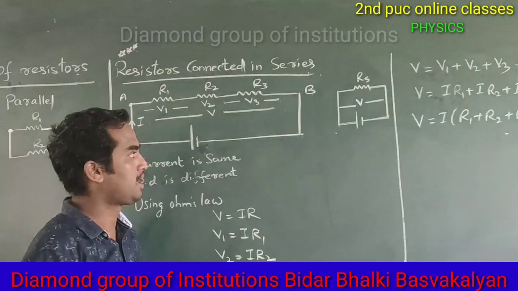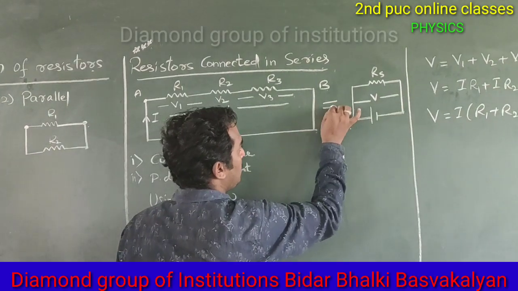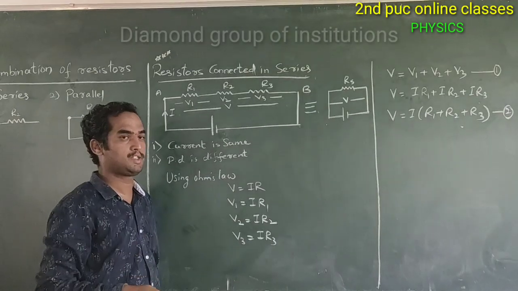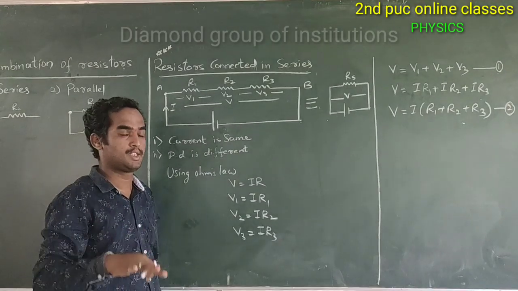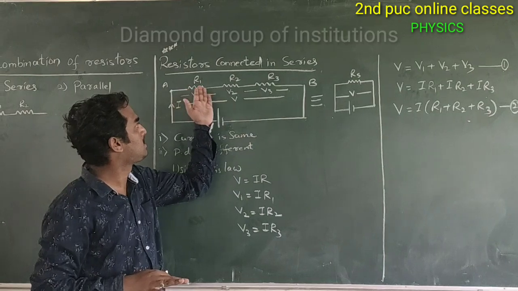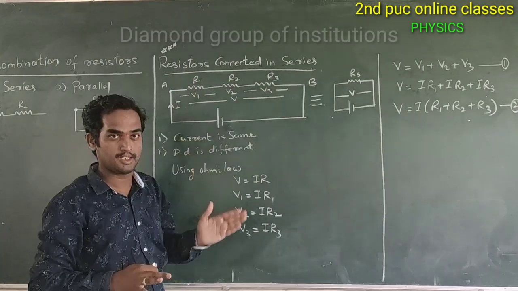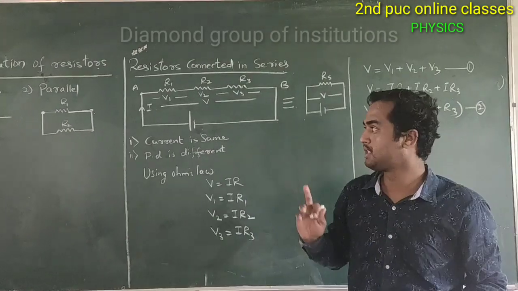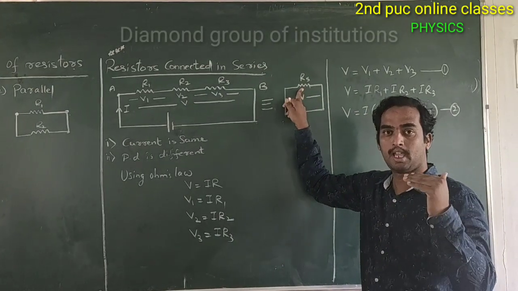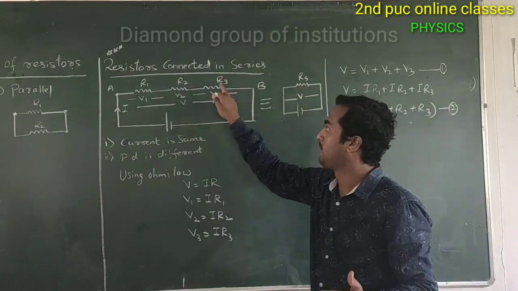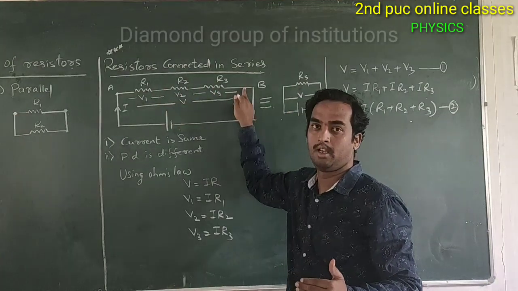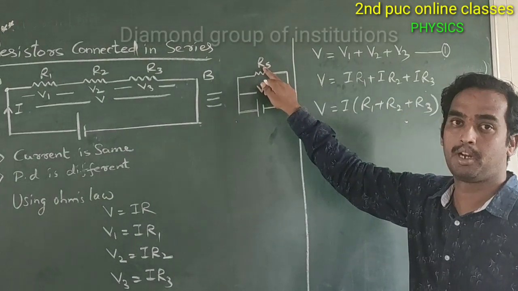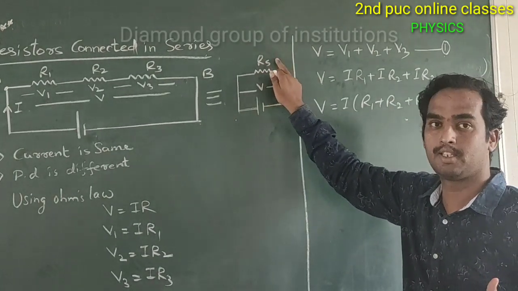So here there is one more diagram, called the equivalent resistor. Equivalent resistance means these three individual resistors are replaced by a single resistor. This single resistor has the same resistance value as the three individual ones together, and this resistance is called equivalent resistance.